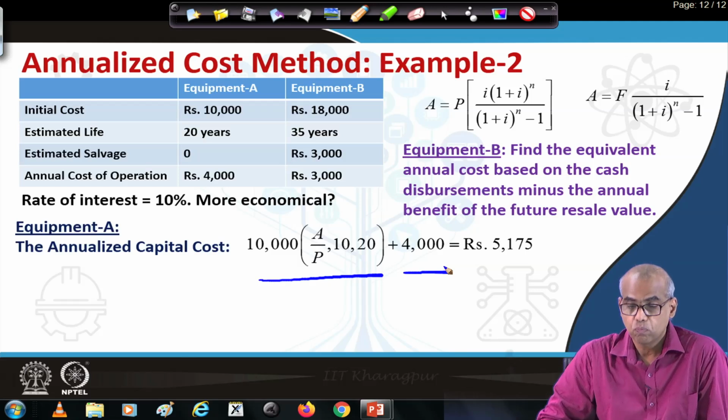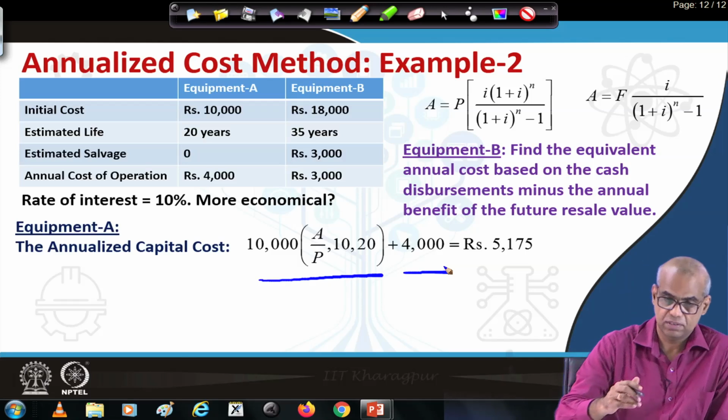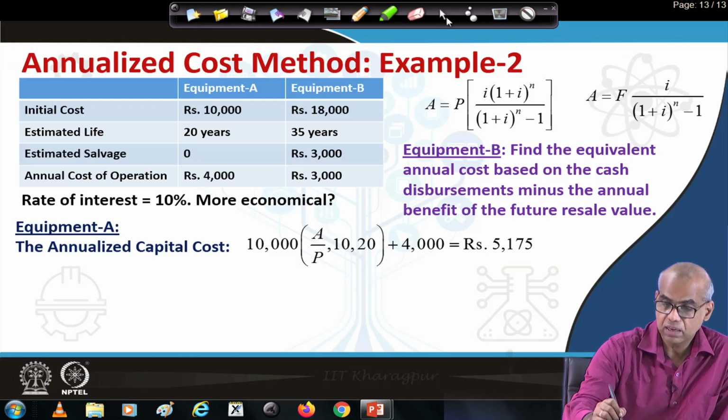Now, for equipment B, we find the equivalent annual cost based on the cash disbursement minus the annual benefit of the future resale value, that is rupees 3,000. So, the cash flow diagram is slightly different for equipment B because there is a benefit of rupees 3,000 after 35 years. So, this needs to be taken care of.